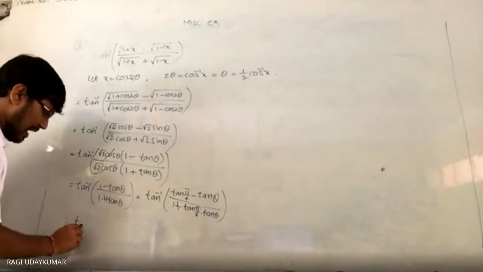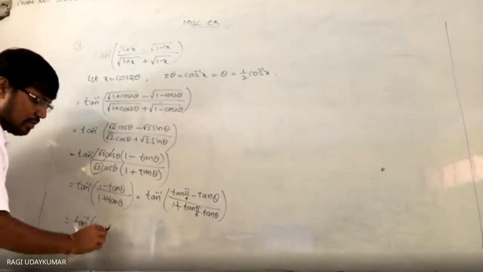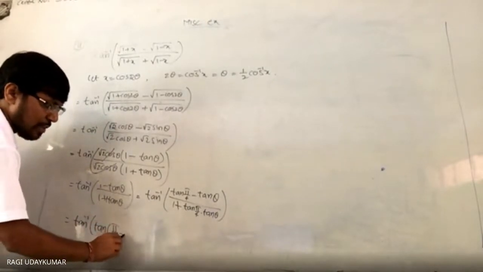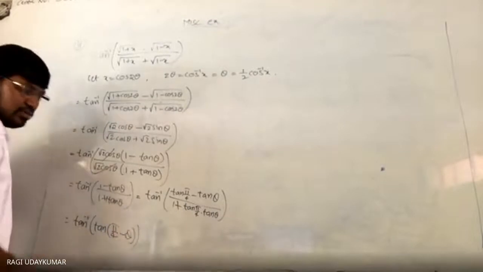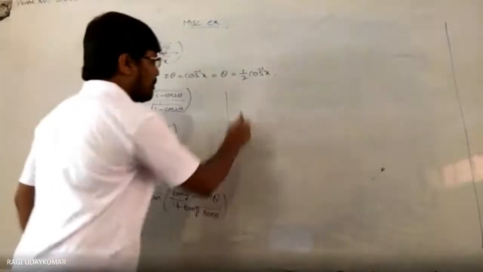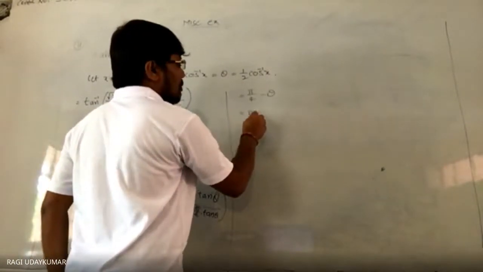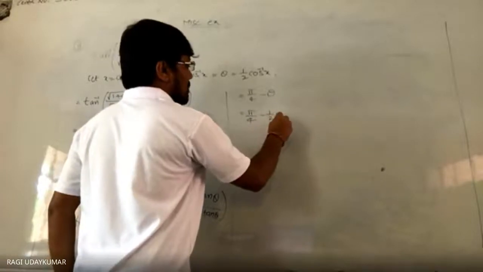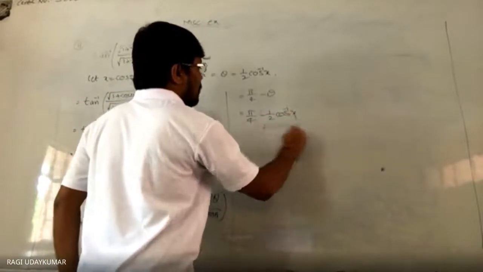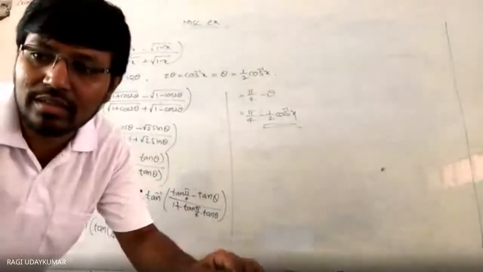So you are going to get tan inverse of tan of pi by 4 minus theta, which equals pi by 4 minus theta. Theta is equal to 1 by 2 cos inverse x, so pi by 4 minus 1 by 2 cos inverse x. Did you understand?